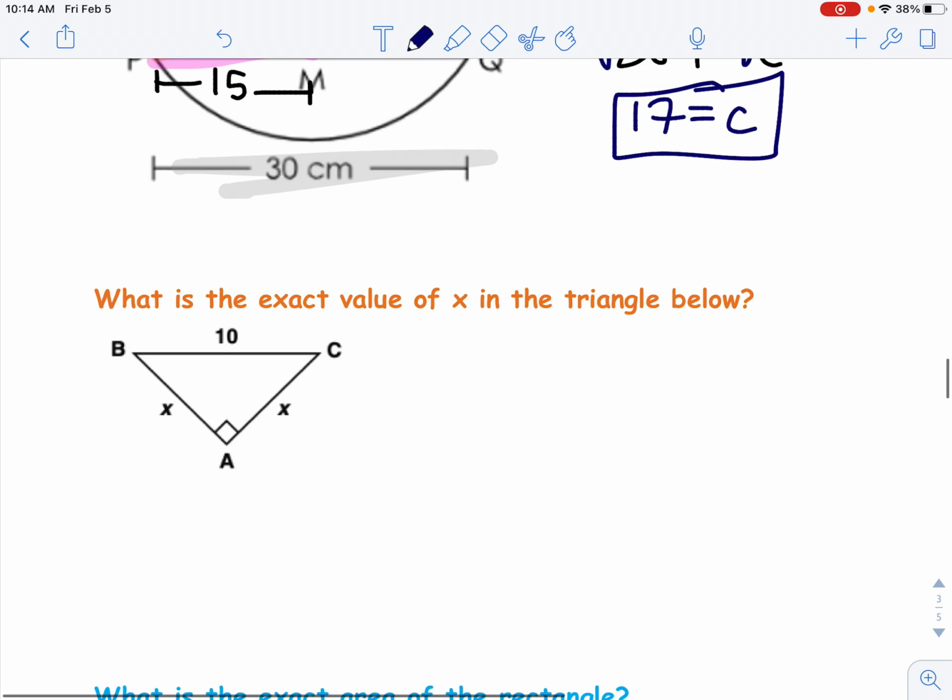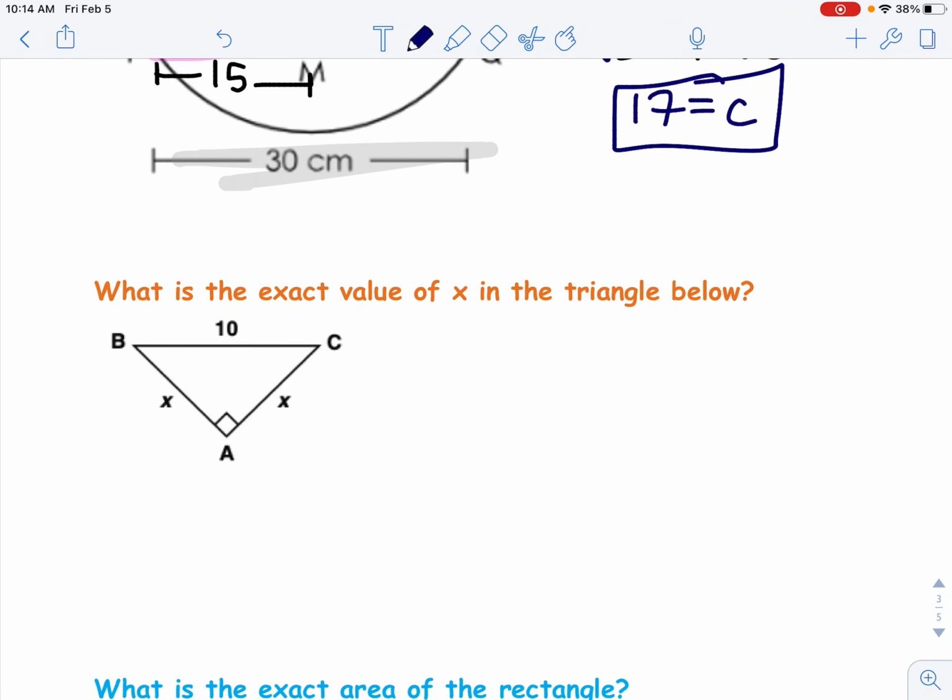Next one right here, we're going to be practicing finding exact values. Exact means it can't be a rounded decimal. So all I know is that 10 is C because it's opposite the right angle, so x is like my a and b. So I'm just going to do x squared plus x squared equals 10 squared.